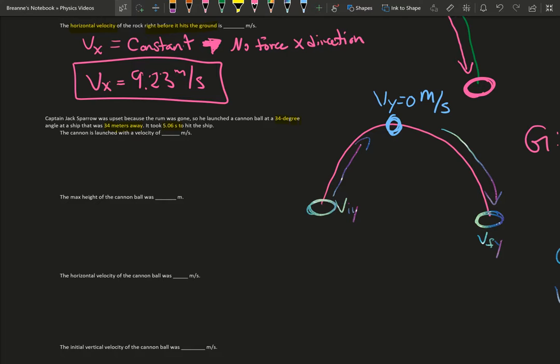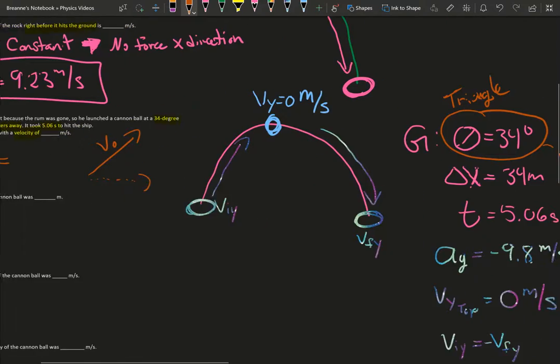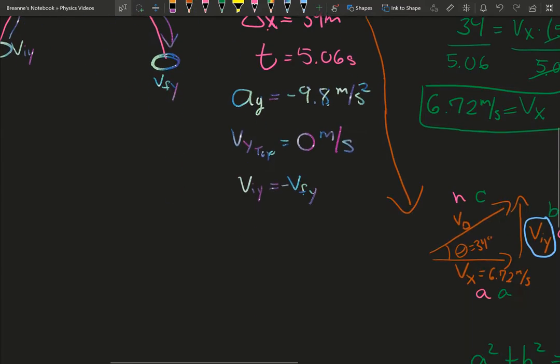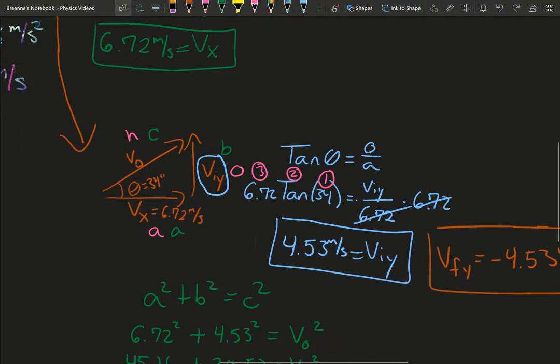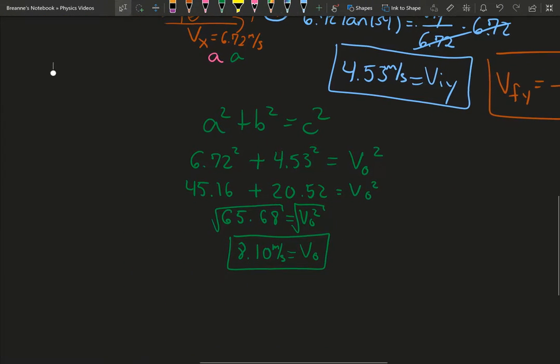So the first question states, the cannon is launched with a velocity of, now, if it just says velocity, it doesn't say horizontal velocity, it doesn't say vertical velocity, it's looking just for our plain old V naught. It is looking for our hypotenuse. So we already figured out our hypotenuse. So we scroll over here, and our hypotenuse is 8.1.